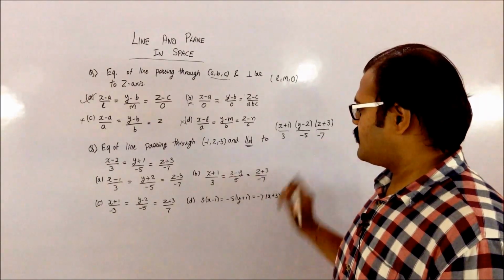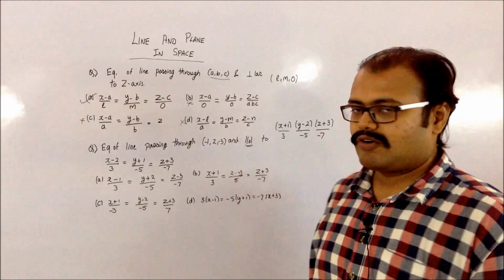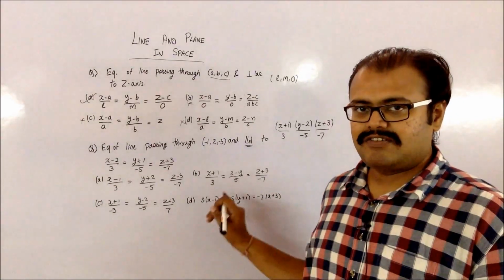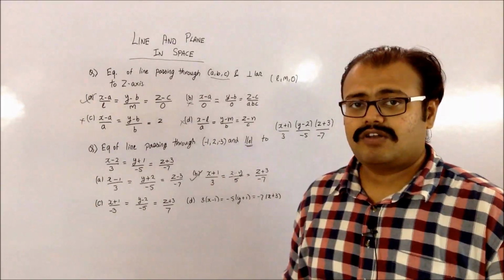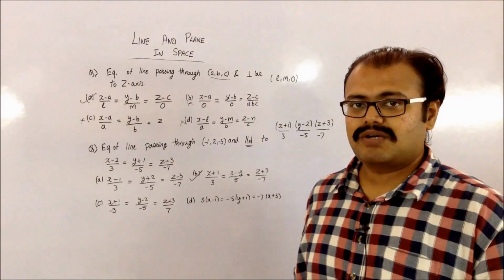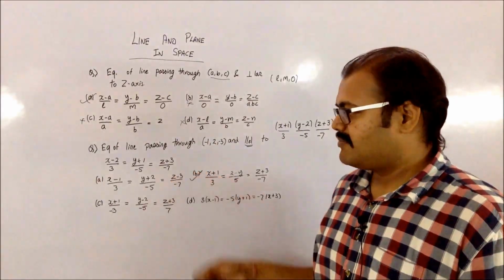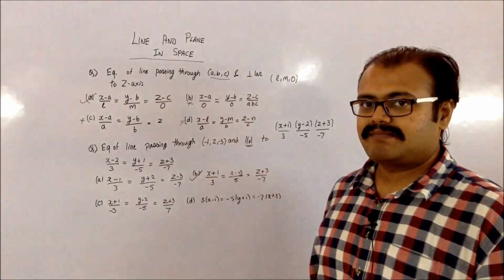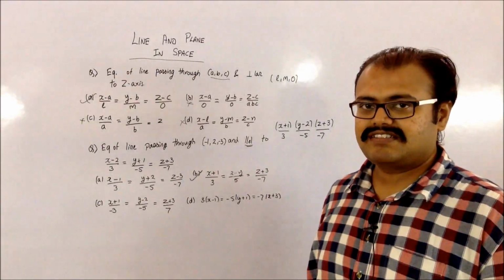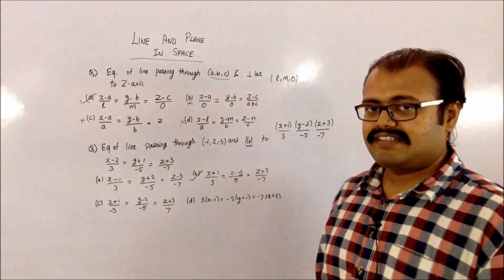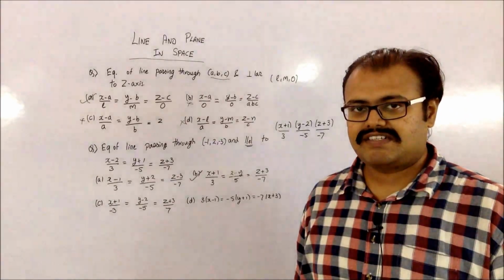For this particular option to exist, it will be observed in option B only. So it is always advisable not to just look at the directional ratios, but also to look at the subtraction that is present, that is, the difference of the variables x, y, z with the corresponding point.